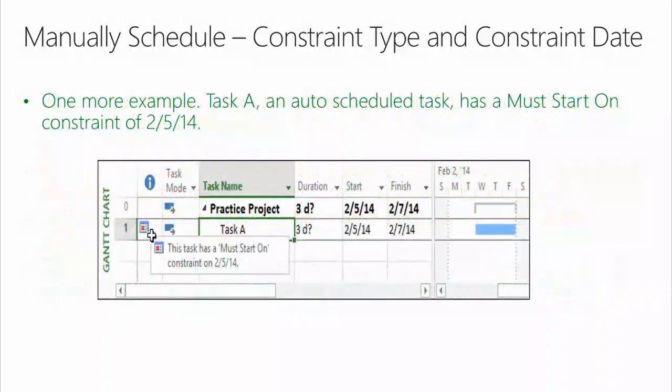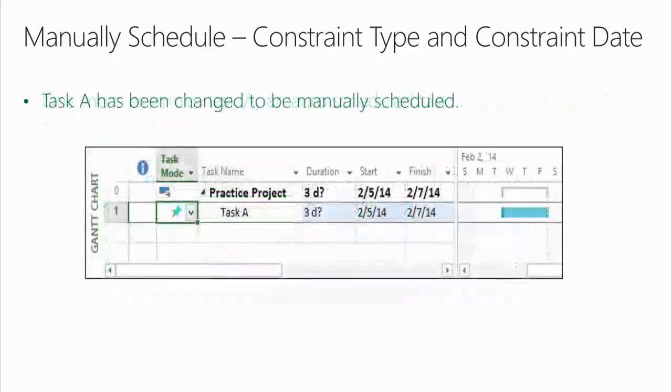Terry, I got one more example for you. Task A, an auto-scheduled task, has a must-start-on constraint of 2/5/14. Fair? Okay? All right? Task A, Terry, has now been changed to manually scheduled.